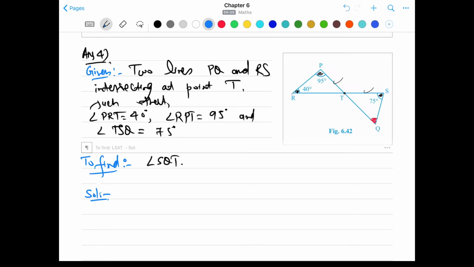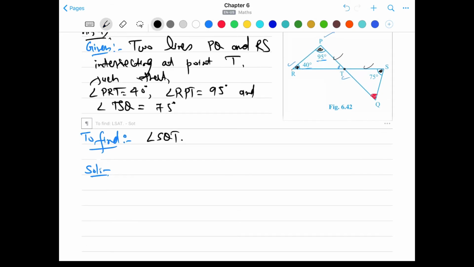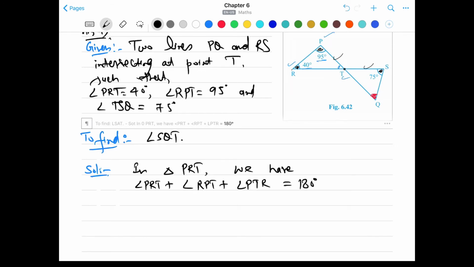In triangle PRT, this one, the measure of two angles is given, so we can easily find the measure of the third angle by applying the angle sum property. Okay, so let's start. In triangle PRT we have angle PRT plus angle RPT plus angle PTR will be equal to 180 degree.